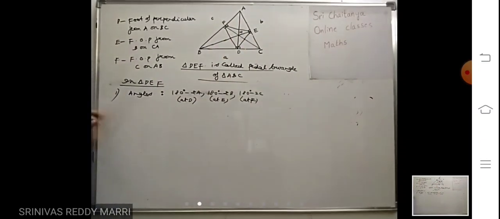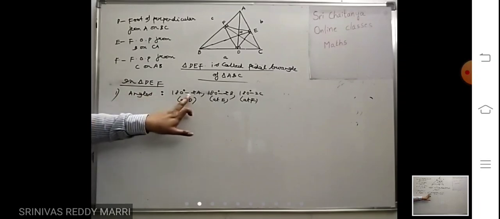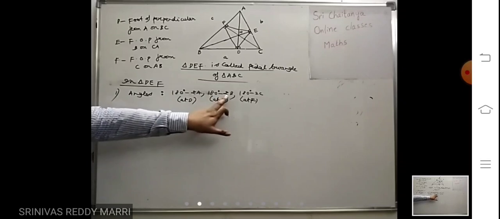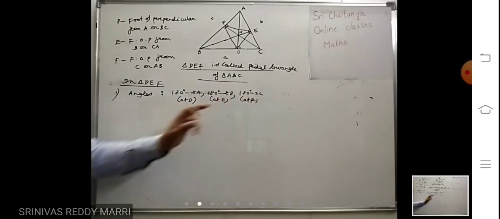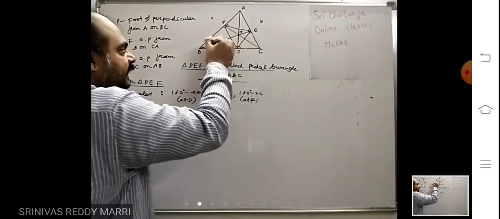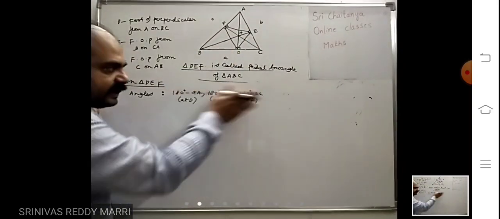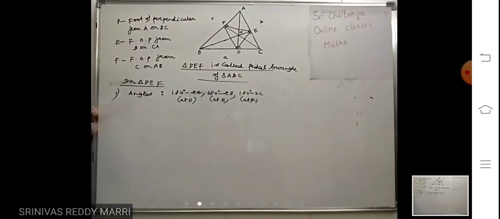At F angle will be 180 minus 2C. So in this triangle DEF, angles are 180 minus 2A, 180 minus 2B, 180 minus 2C. That means if you know the angles of the triangle, you can calculate what are the angles of pedal triangle. Look at how you will get. I am telling the proof, observe carefully.